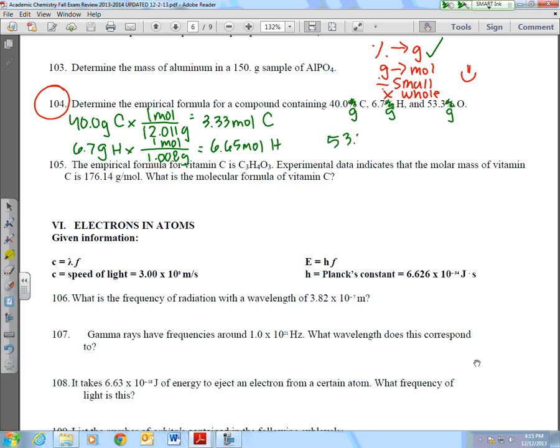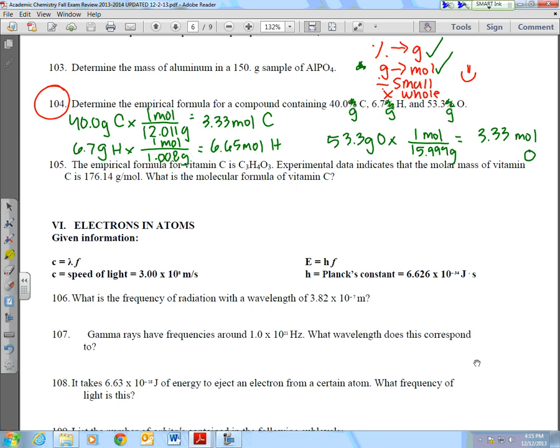So 53.3 grams of oxygen. Converting oxygen to moles, I'm just using the molar mass to do this. Get 3.33. Okay. So this is going to be the longest step, step 2. Just be prepared for that. Going from grams to moles takes a minute.